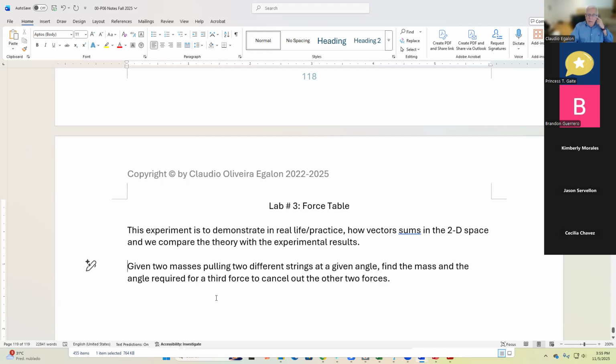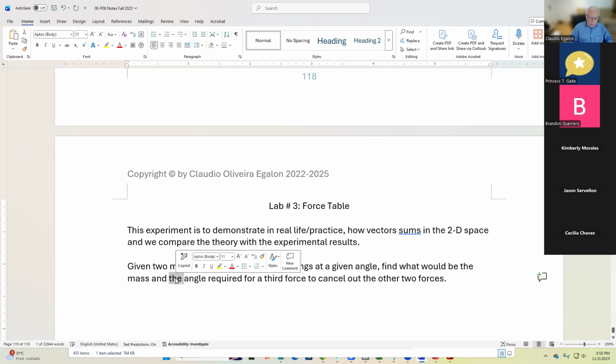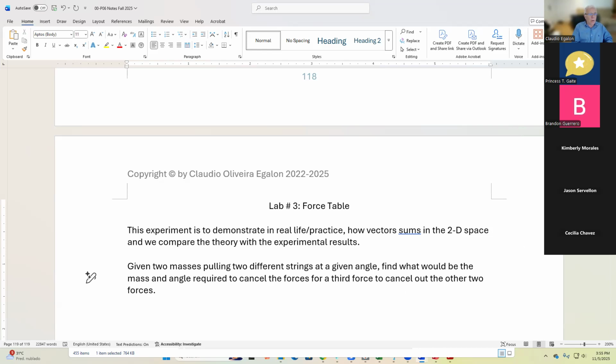Find what would be the mass and angle required to cancel the forces provided by the first two masses, right? By the first two masses. So that's what we do in this experiment.